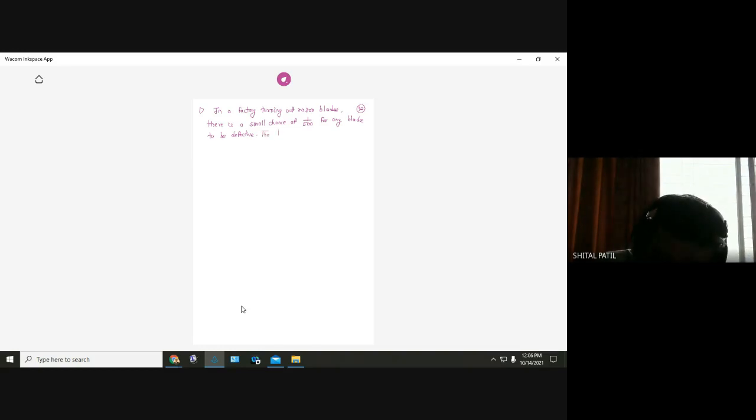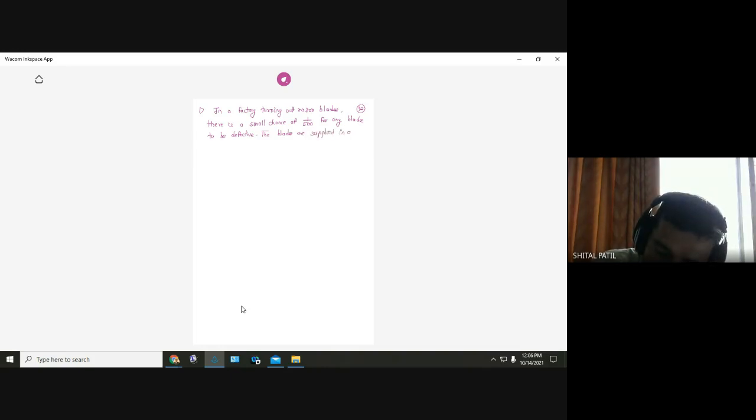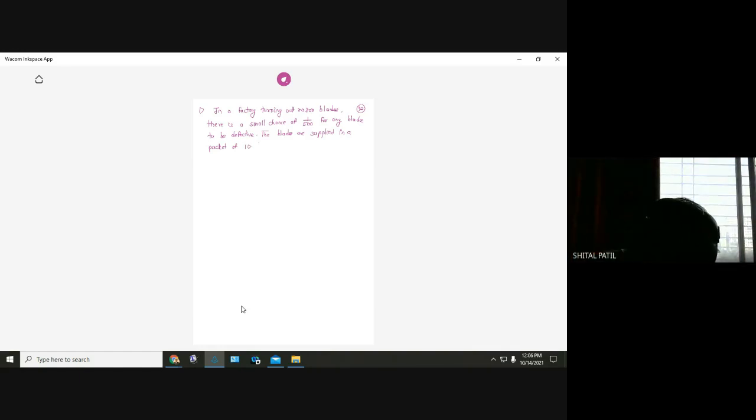The blades are supplied in a packet of 10. So one packet contains 10 blades.